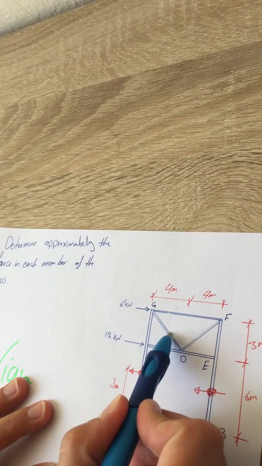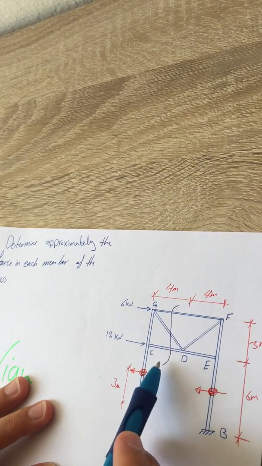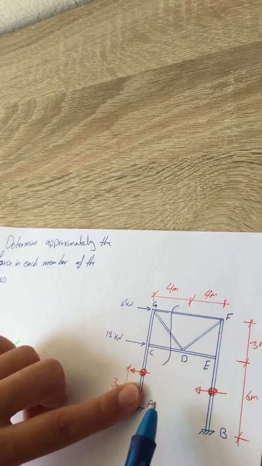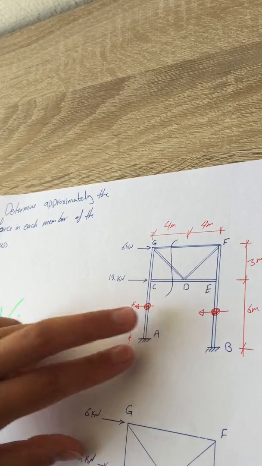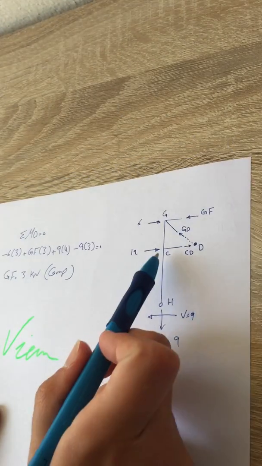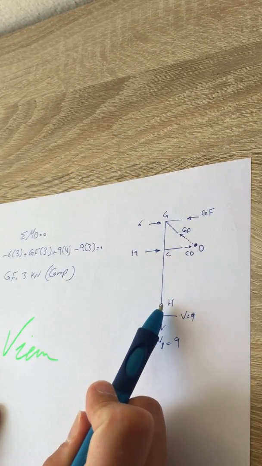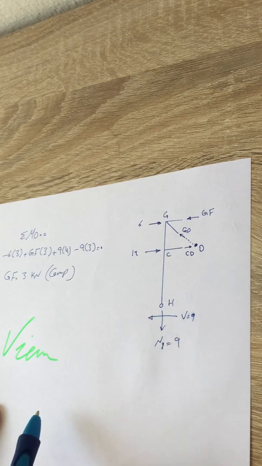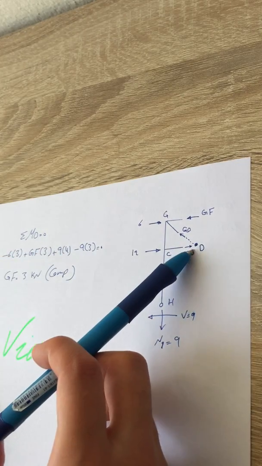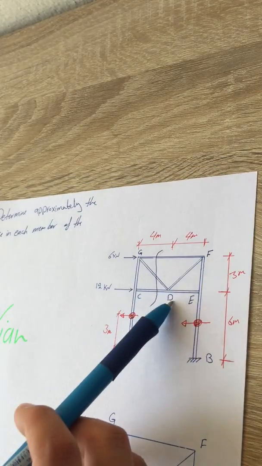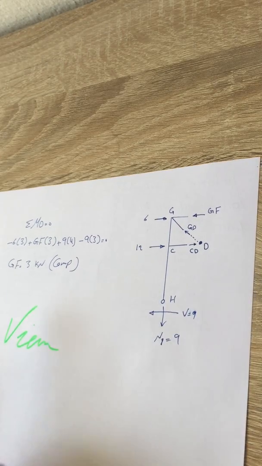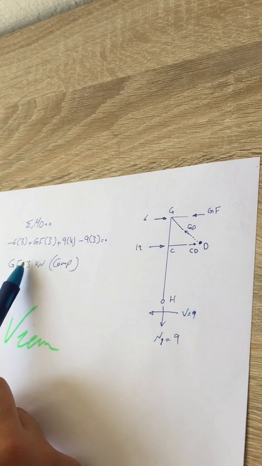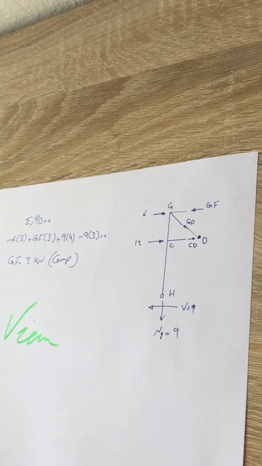It's this part, with this one of course, because I got rid of this to help us solve. So here is C, here is G, and here is H. So summation of moment about D, this joint, here is D, to find this force in the truss, which is GF, it's going to be 3 kilonewtons in compression.